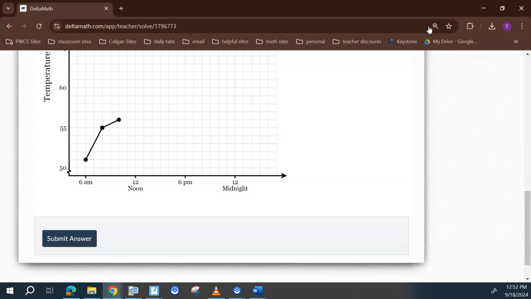And then this 2 hours, it went up another 1. This 2 hours, it went up another 1. Did I do that right? 1 degree per hour, yeah, per 2 hours. For the next 6 hours. 1, 2, 3, 4, 5. I may have done that too much. 1, 2, 3, 4, 5, 6.